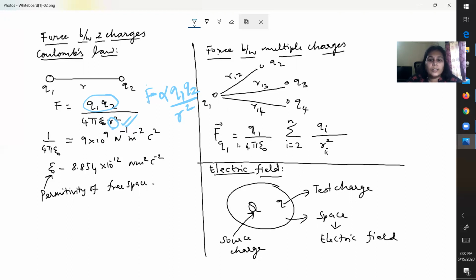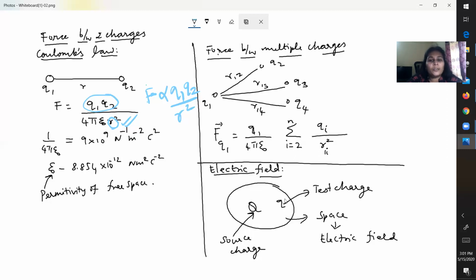It is given as F on Q1 is equal to Q1 divided by 4 pi epsilon naught, summation i equals 2 to n, Qi by R1i square. I hope this derivation is already done in class and all of you have taken it down in your notes too. So just go through it once again to see how this final formula came.